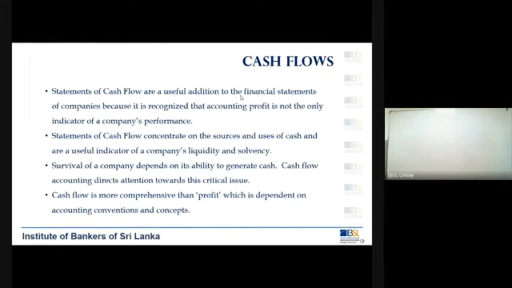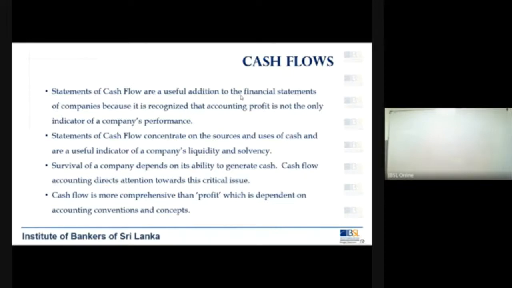It says cash flow is more comprehensive than profit, which is dependent on accounting conventions and concepts. I explained this to you. When you are arriving at your profit, you make a lot of assumptions. You apply a lot of concepts like the accrual concept, matching concept.